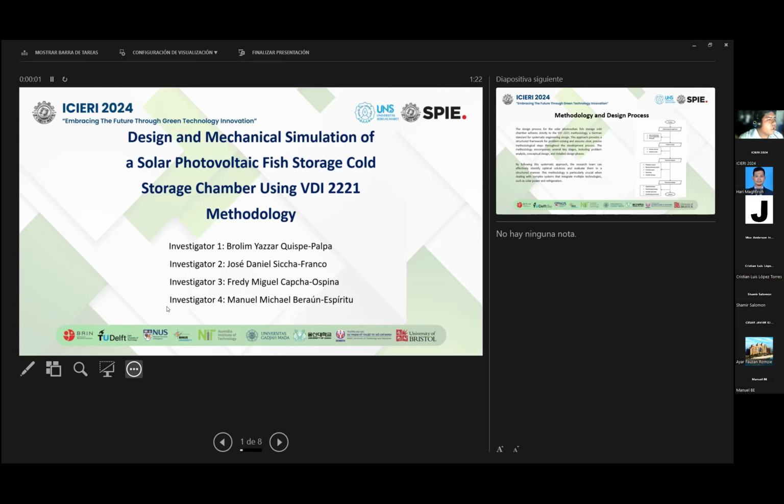The methodology encompasses several key stages, including problem analysis, conceptual design, and detailed design phases. By following this systematic approach, researchers can effectively identify optimal solutions and evaluate them in a structured manner. This methodology is particularly crucial when dealing with complex systems that integrate technologies such as solar power and refrigeration.